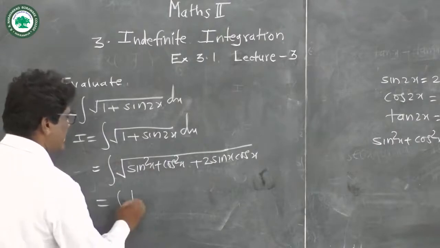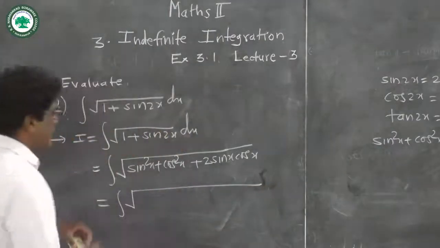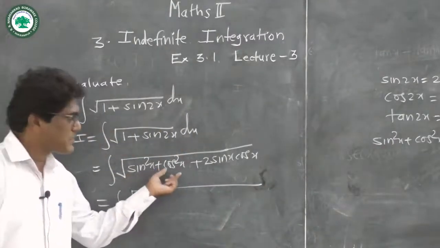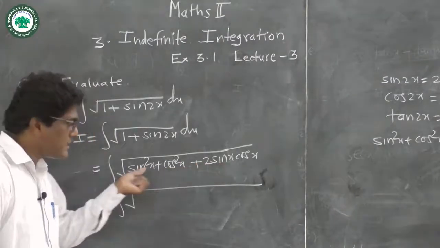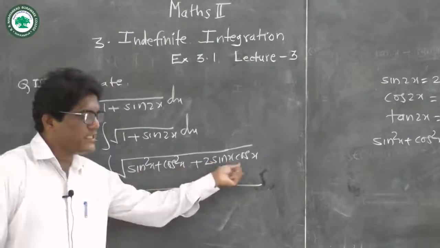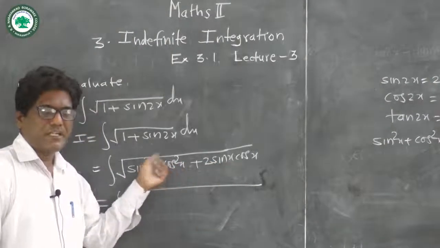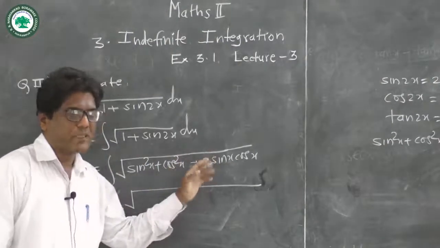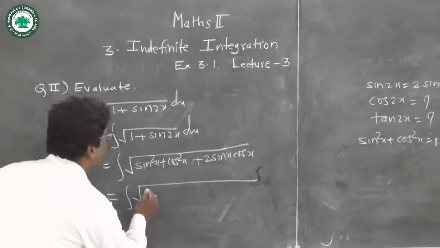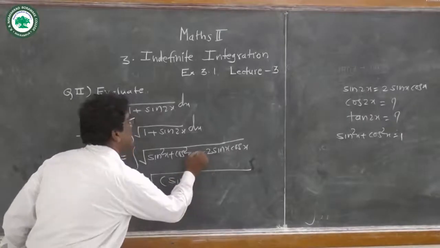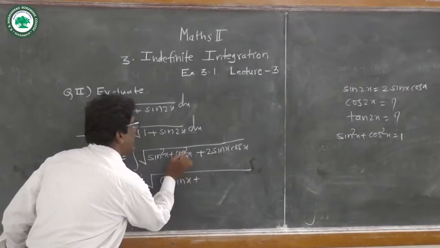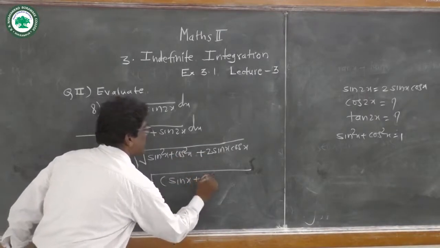of under root of sine square x plus cos square x plus 2 times sine x cos x. This is the same as a square plus twice ab plus b square, and it is the complete square of the first term sine x, middle term plus, and root of cos square x is cos x.